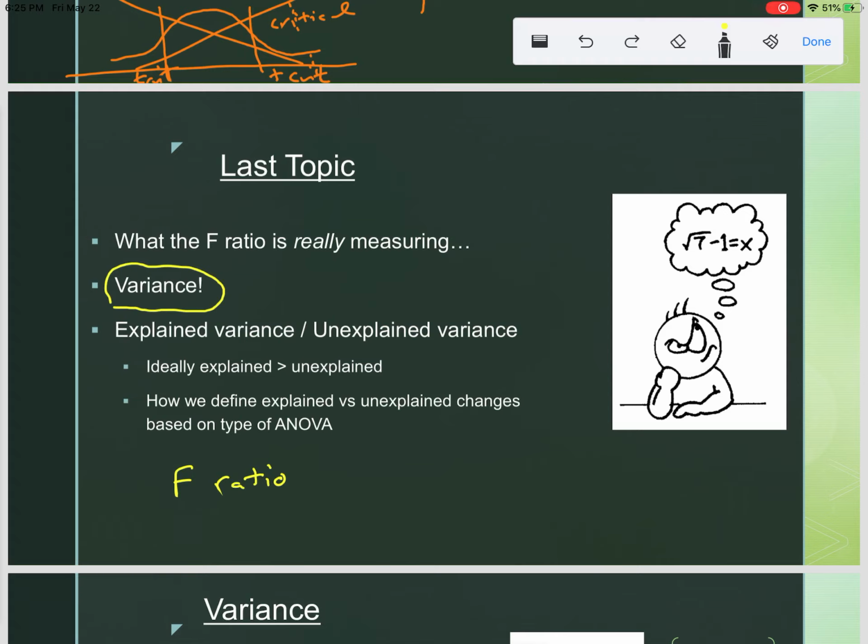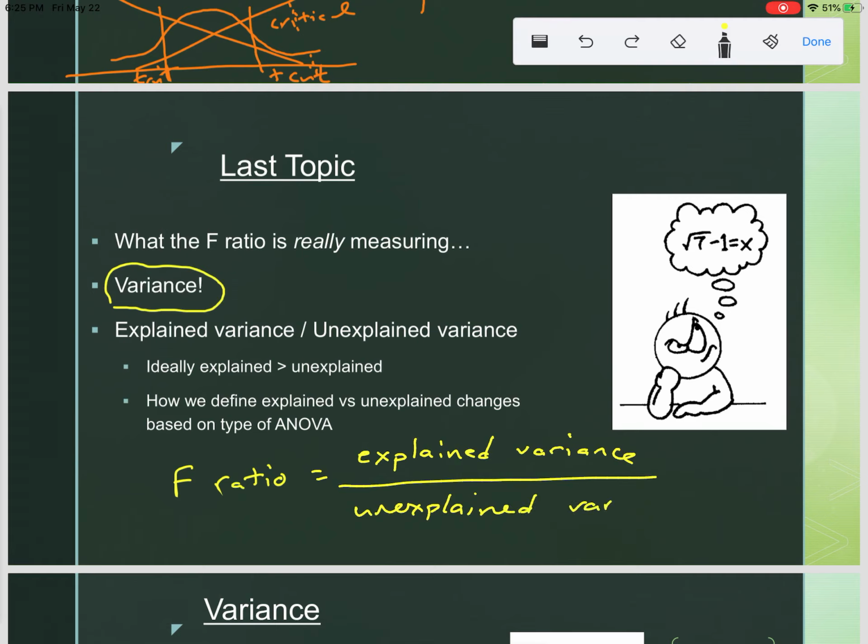But our more logical, or theoretical, way of looking at it is our F ratio is equal to explained variance, however much explained variance there is, divided by the amount of unexplained variance. This is really the F ratio in theoretical terms. Ideally, you want the explained variance to be greater than the unexplained variance.